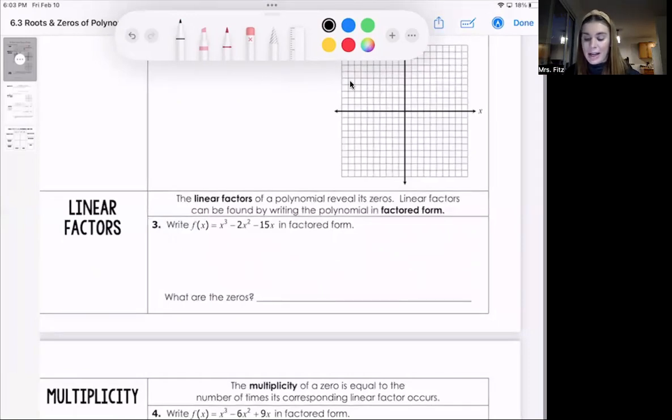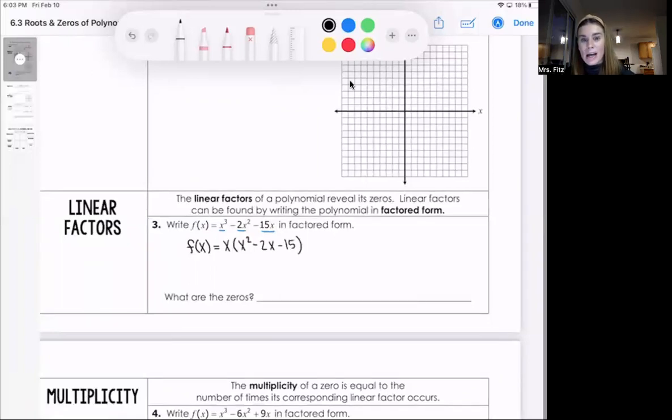So let's take a look at this example. We have f of x equals x cubed minus 2x squared minus 15x. Looking at these 3 terms, these all have an x in common. So I'm going to go ahead and factor out the x. So I have x times x squared minus 2x minus 15.